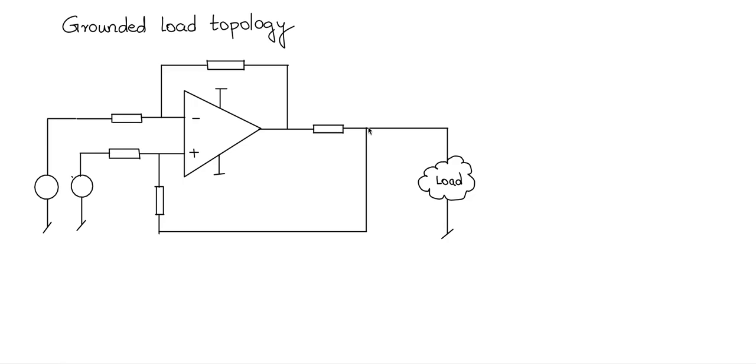So let us mark some variables. This is the current that is going to flow to the load. I will call it I. And here we will call it VL, voltage across the load. This is V0, output voltage of the op amp. This is RS, the series resistance. This is V1 and V2.